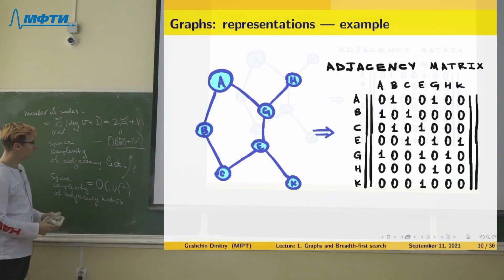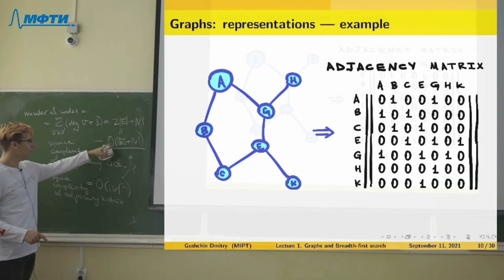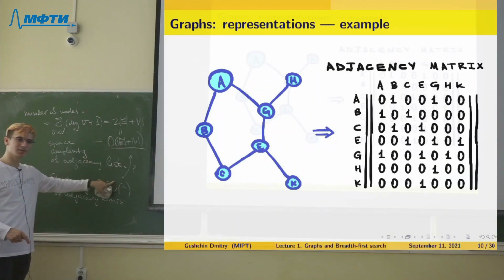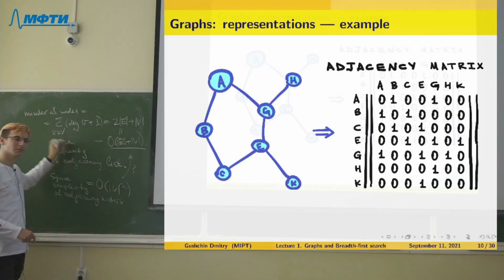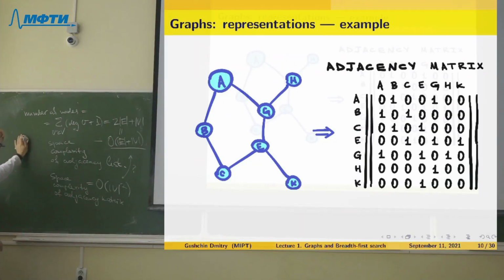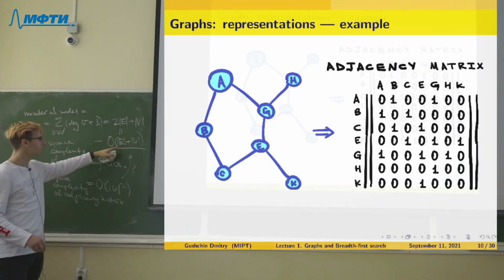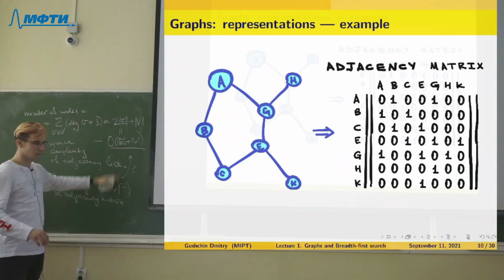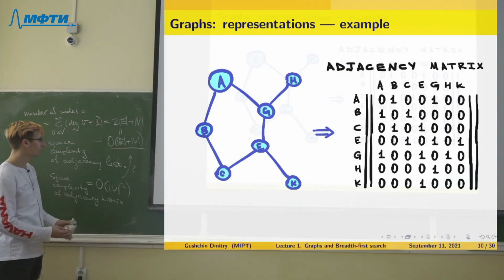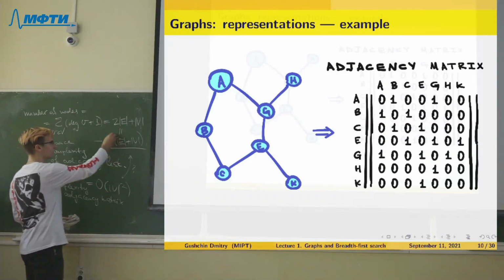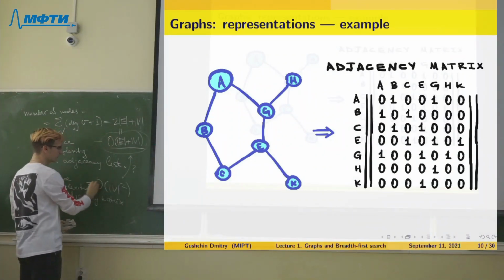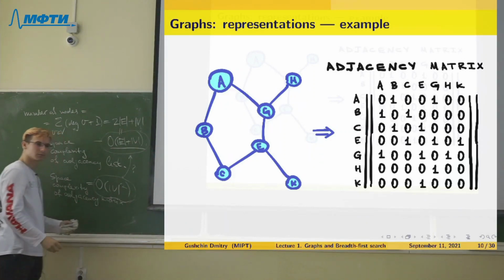Do we have any classes of graphs that have equal upper bounds in this case and in this case? Yes, one is linear space, O of n, and this one is O of n squared. When we have a very small number of edges, equal to vertices multiplied by a constant, we have this linear complexity and this square, and they are not equal.